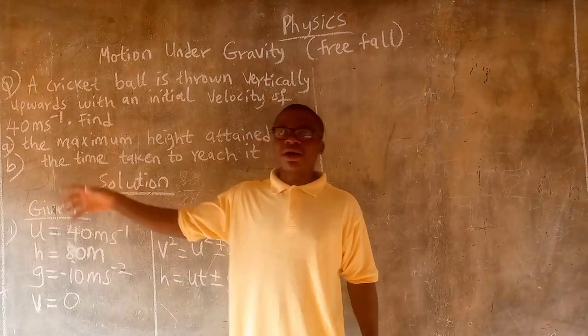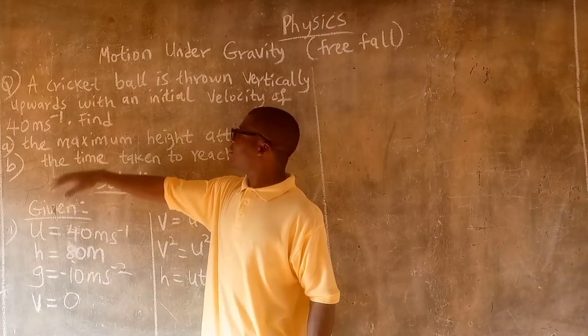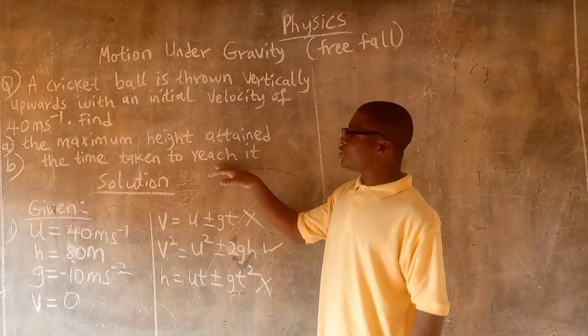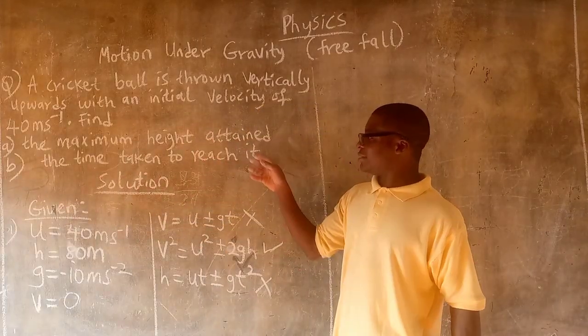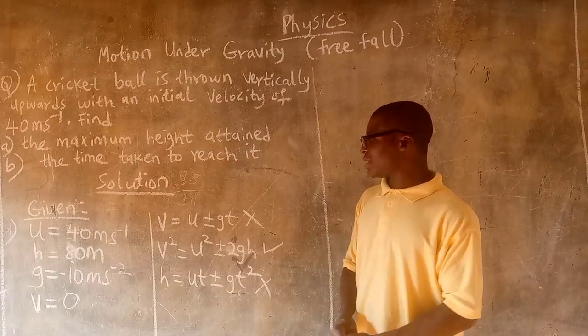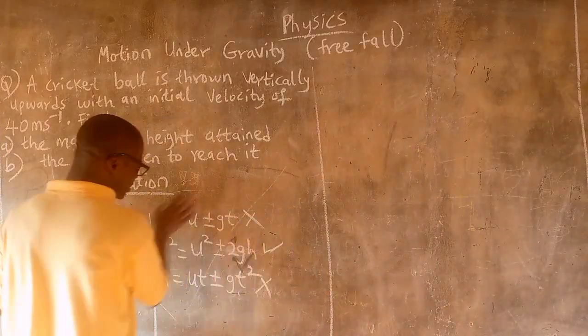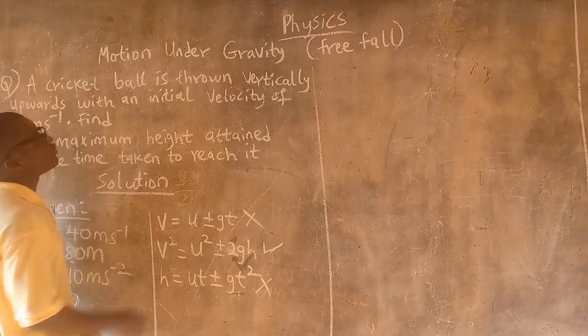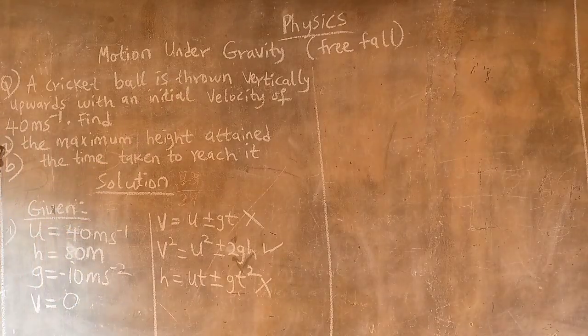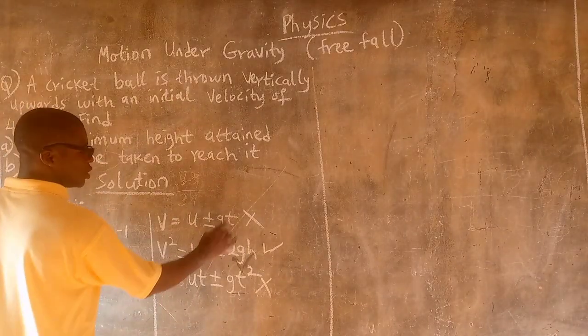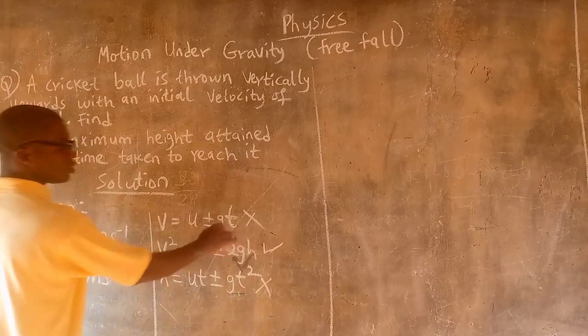So the second question says, calculate the time taken to reach the maximum height. The time taken to reach the maximum height. And these are the equations governing motion under gravity. So this first equation has a variable called time.